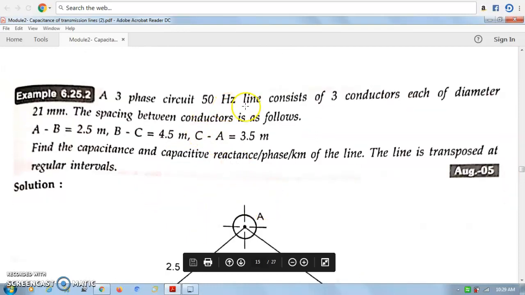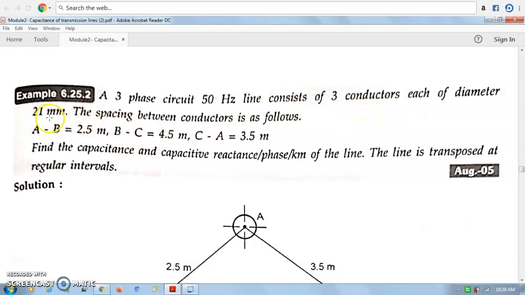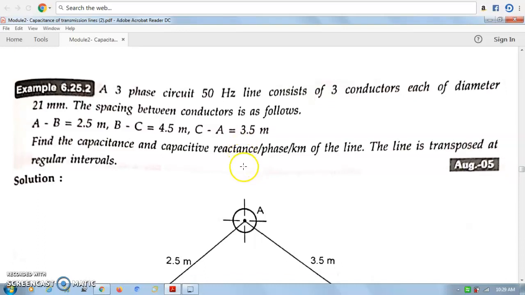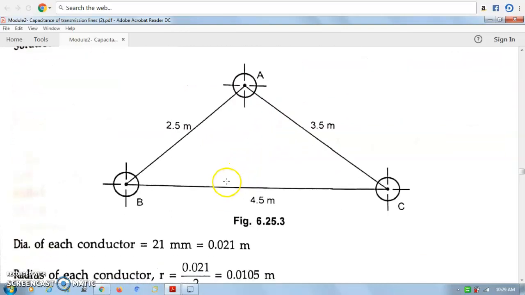Next, 50 hertz, consists of 3 conductors. Diameter is given 21. Okay, find the radius. A to B, B to C, C to A. They have given different distances by spacing, so it is unsymmetrical spacing. Find the D equivalent, which is equal to cube root of 2.5, 4.5 and 3.5 into.